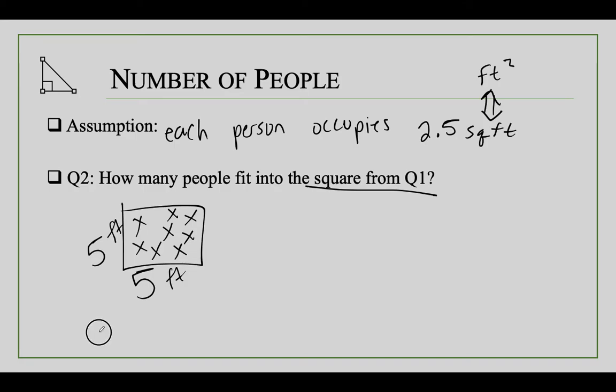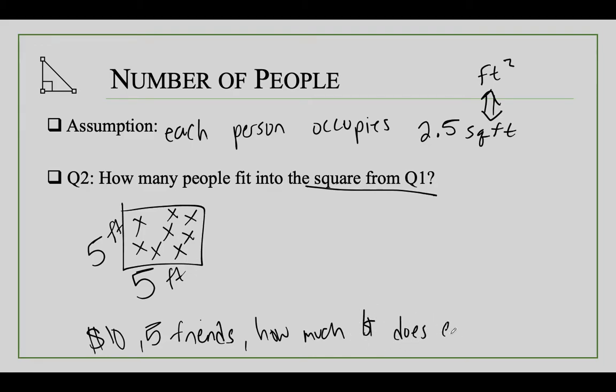So just like if I said I have $10 and 5 friends, how much money does each friend get if the money is divided equally? That's a parallel example of exactly what we're doing here, right? So if I had $10 and I'm dividing it equally among 5 friends, they get $2 each.